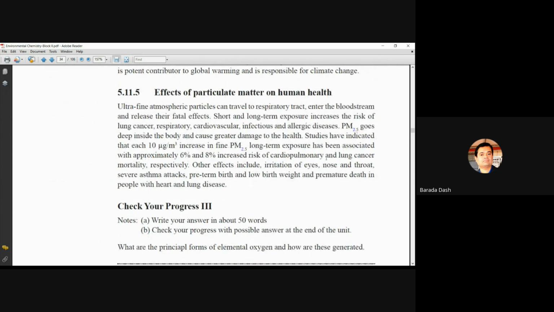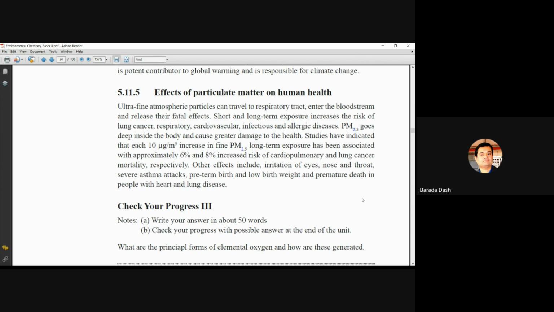Effect of particulate matter on human health. Ultrafine atmospheric particles can travel to the respiratory tract, enter the bloodstream, and release their fatal effects. Short and long term exposure increases the risk of lung cancer, respiratory and cardiovascular infection, and allergic diseases. PM2.5 goes deep inside the body and causes greater damage to health.